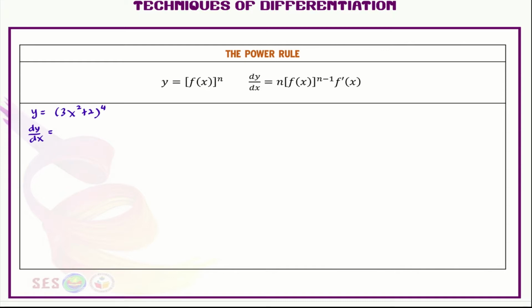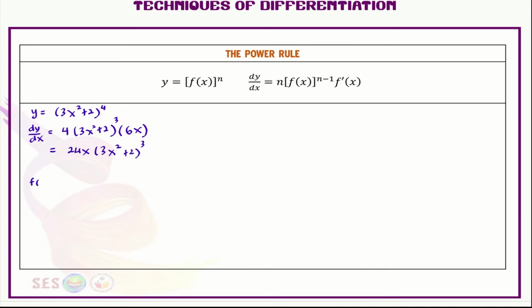We bring down the power 4, write back whatever is inside the bracket, and minus the power by 1, which gives us 3, and multiply with the differentiation of whatever is inside the bracket, which is 6x here. Simplifying, the final answer should give us 24x times (3x squared plus 2) to the power of 3.